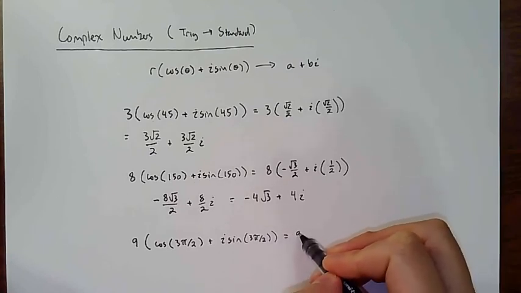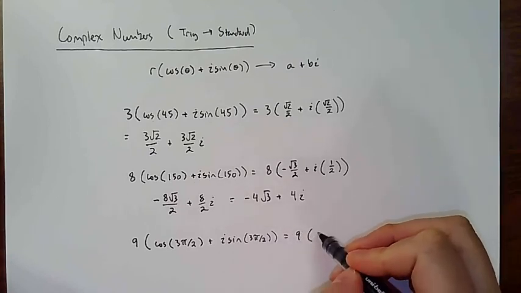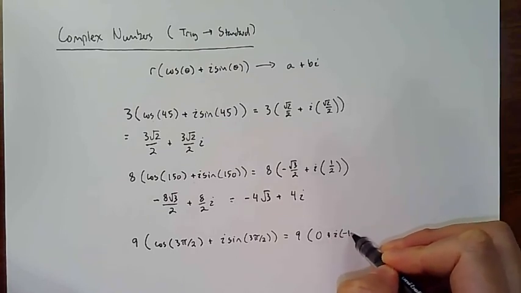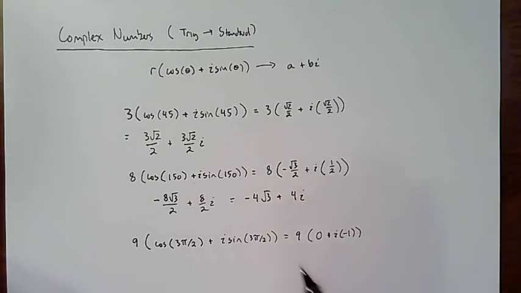Well, this is 9 times 0 plus i times negative 1. So that's 0 plus negative 9i, or we can just write this as negative 9i.